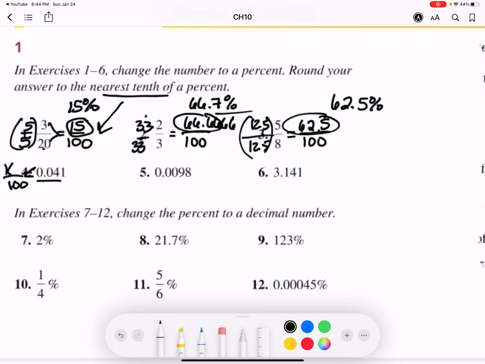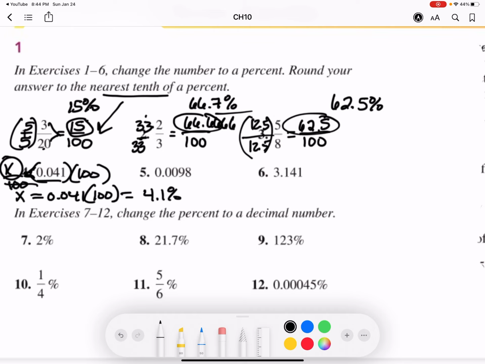But if you take it back to something over 100, then this ends up being our percentage. So what we need to go the other direction is to multiply this by 100 instead. So now we've got our percentage equals 0.041 times 100. When you multiply that by 100, you're going to get 4.1.